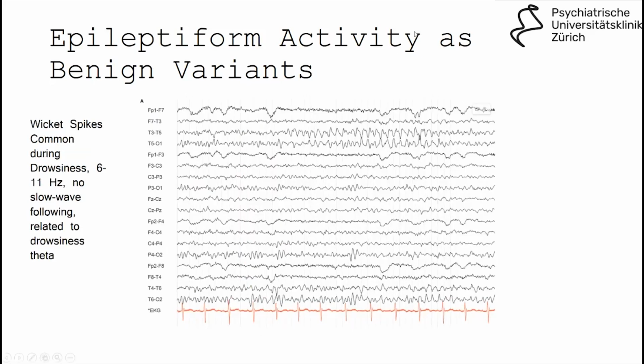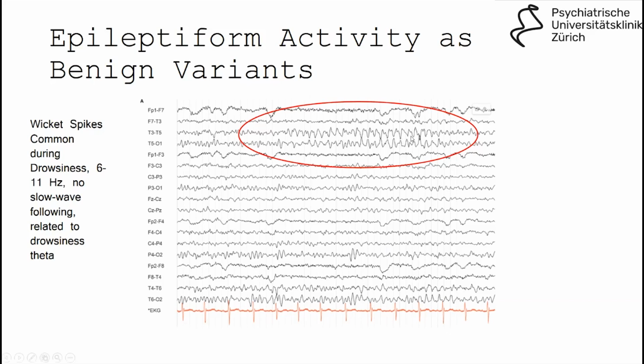The next one is epileptiform activity called wicket spikes, and this is also common during drowsiness. These wicket spikes resemble a pattern of 6 to 11 hertz, so the theta alpha range. You see them here over the temporal cortex on the left side, spreading out to the occipital cortex. This is 1 second.